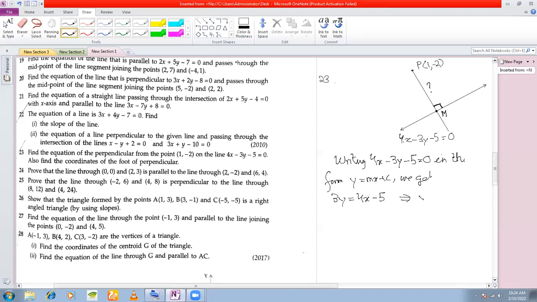That means you get y is equal to 4x minus 5 by 3, which means y is equal to 4 by 3 x minus 5 by 3. Right?